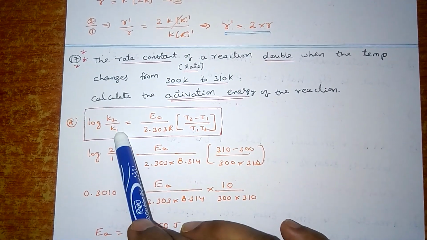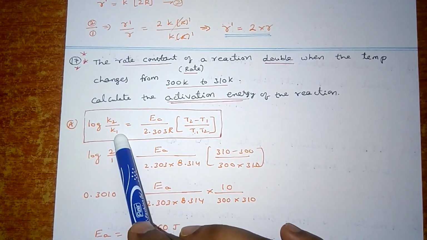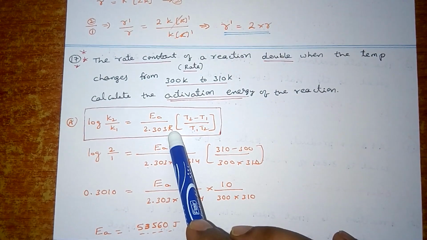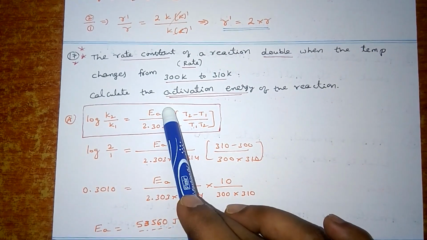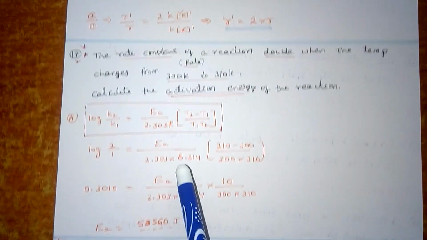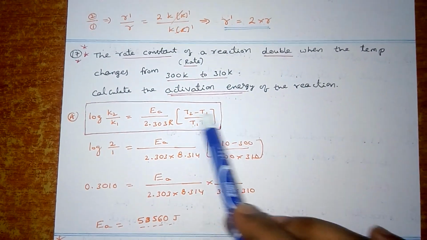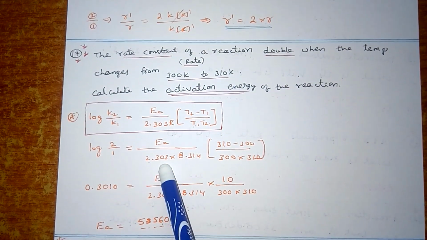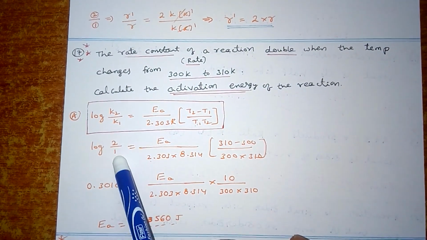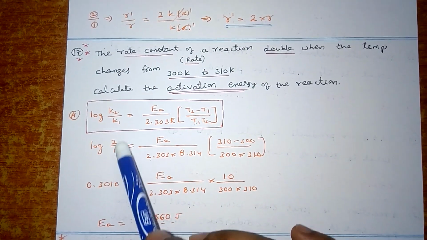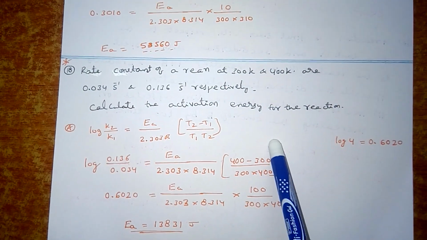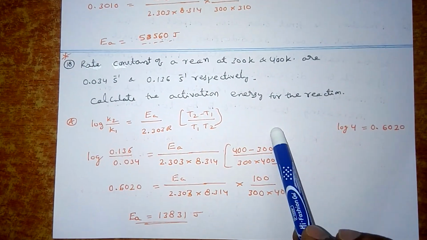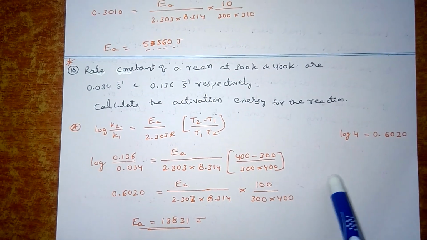Here K2, K1 are the rate constants, R is the gas constant, T1, T2 are temperatures in kelvins, and Ea is the activation energy. If you substitute all the values, you will get the activation energy. Here K1 equal to 1, then K2 is double, right? 2. Next, this 18th problem is similar to the 17th problem, and practice it.